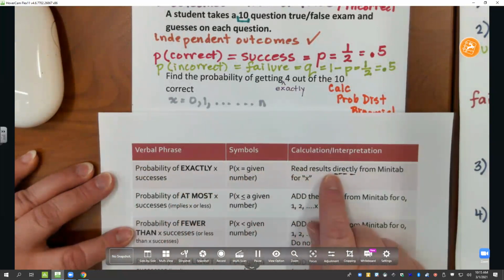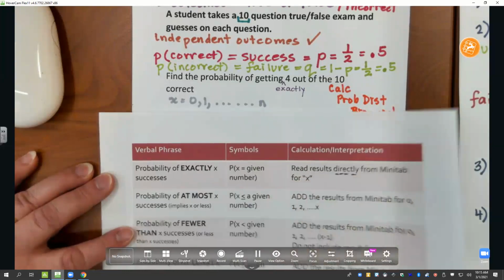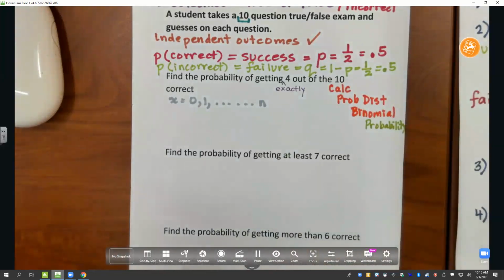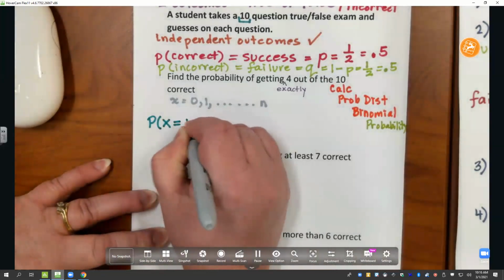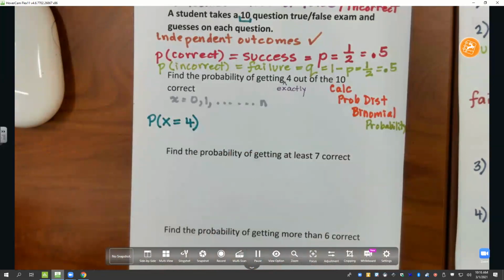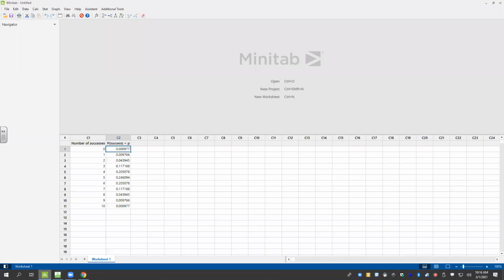You read the results directly from Minitab for the value of X. And in our case, the value of X is 4. Okay, so if we wrote this in symbols so you can kind of see how it all goes together, we would have the probability that X equals 4. And that's going to be a direct read from Minitab.